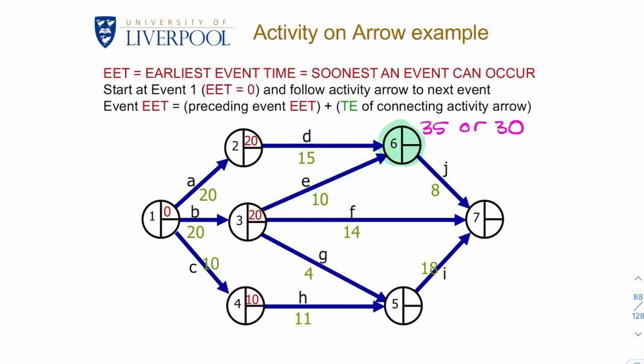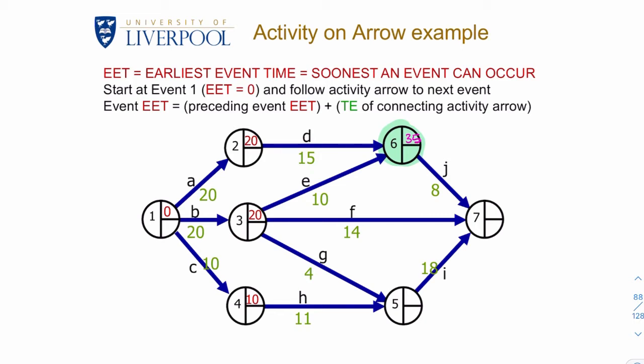So what we look for is the larger of the two. We look for the larger of the two. So we actually look for 35. So in here we put the number 35.